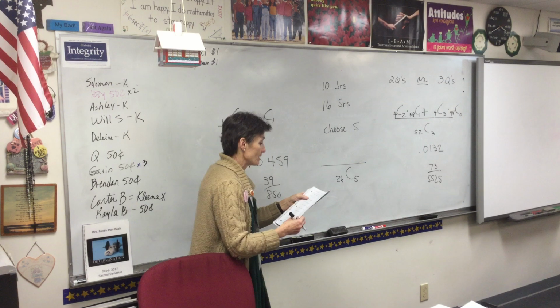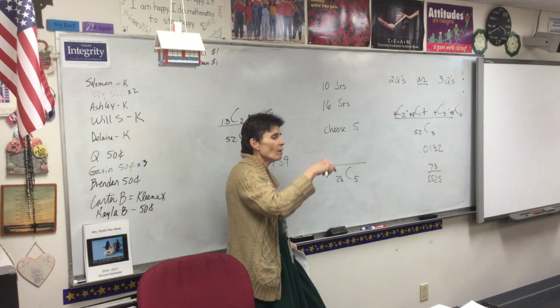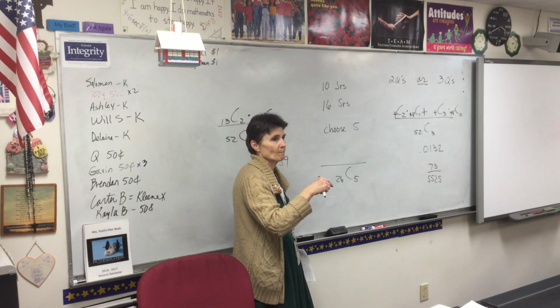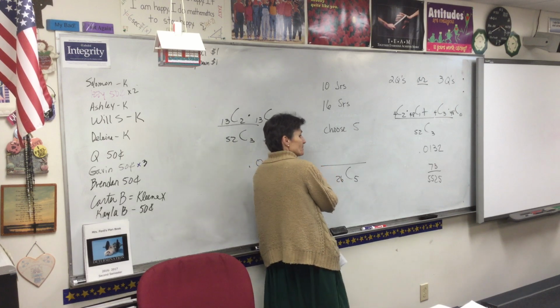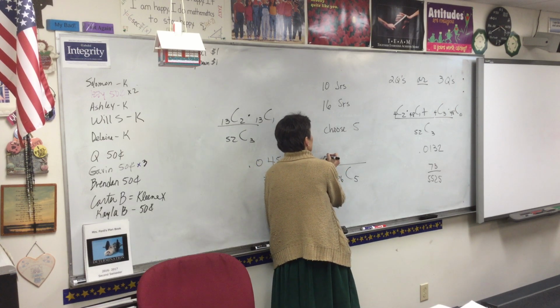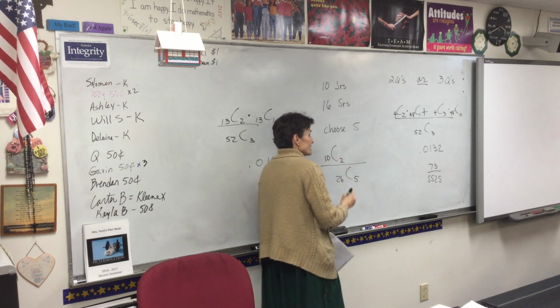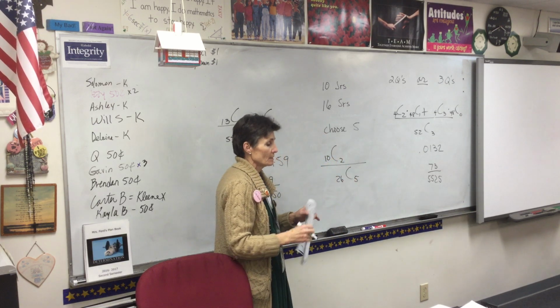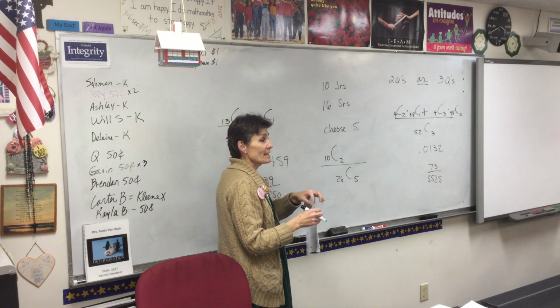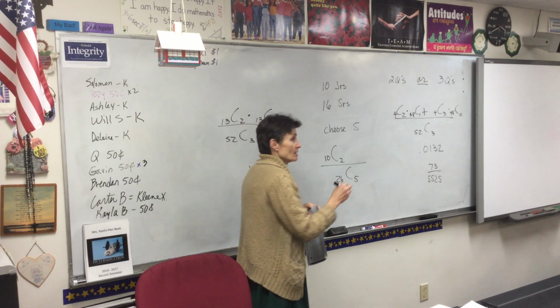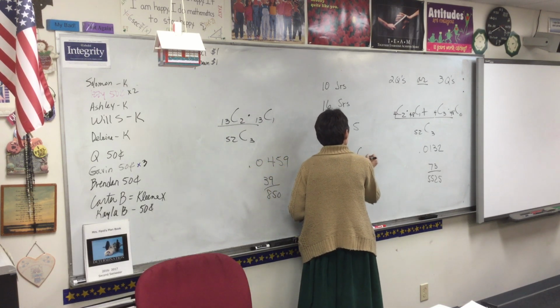Now my numerator says I want 2 of them to be juniors. Multiplying or adding? So 2 of them to be juniors would be 10C2. And 3 seniors, 16C3.